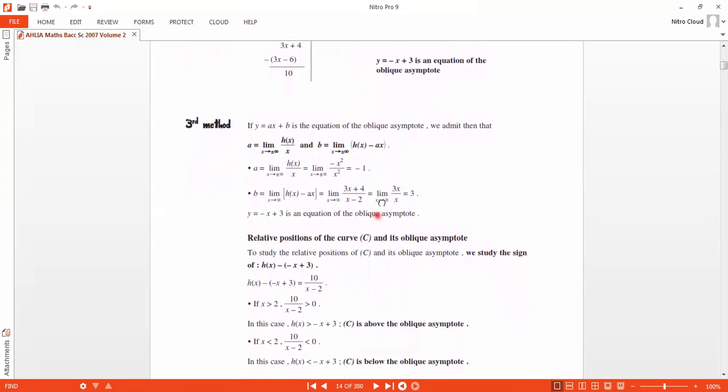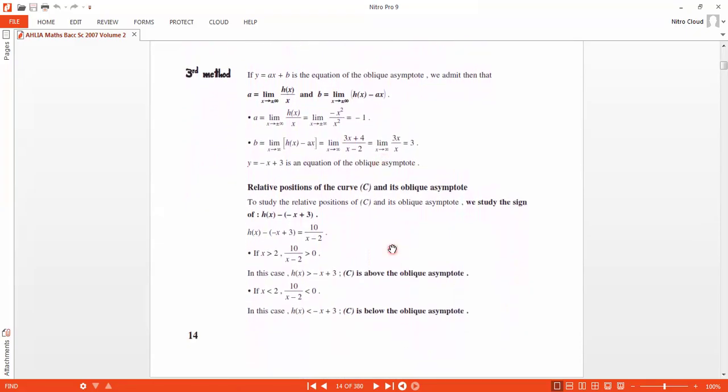Now, after the oblique asymptote, we still have one more thing to learn, which is the relative position of the curve and the oblique. When I say relative position, I mean which one is above, which one is below, and sometimes the curve is above, but later on it's below. So how do I do this?